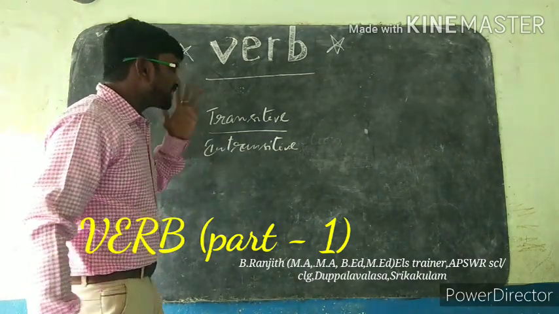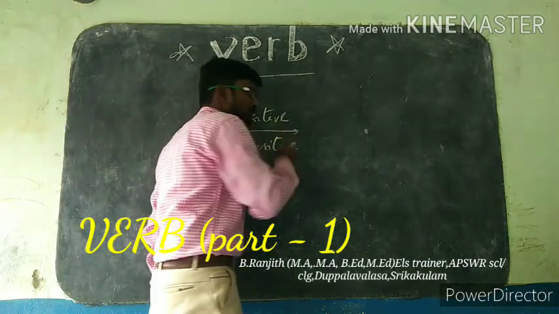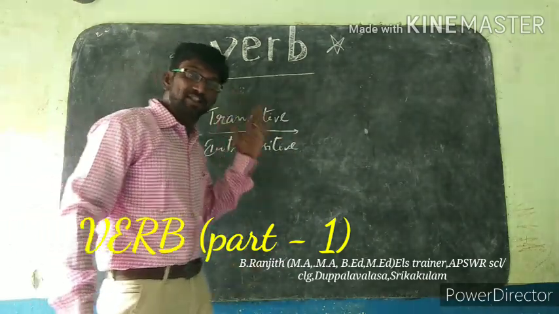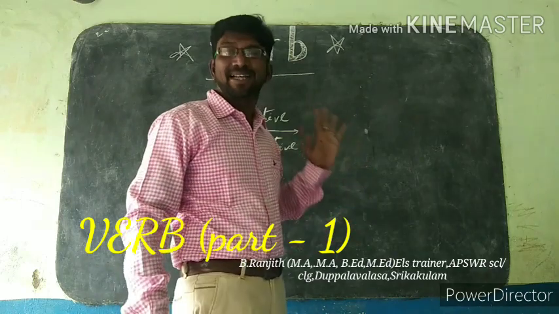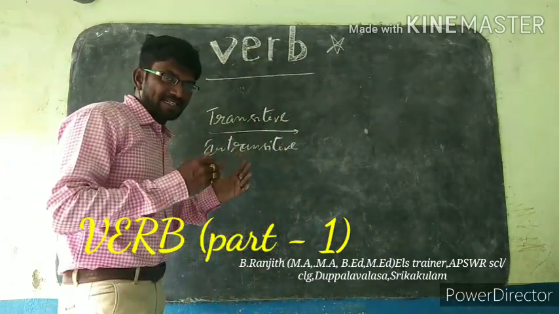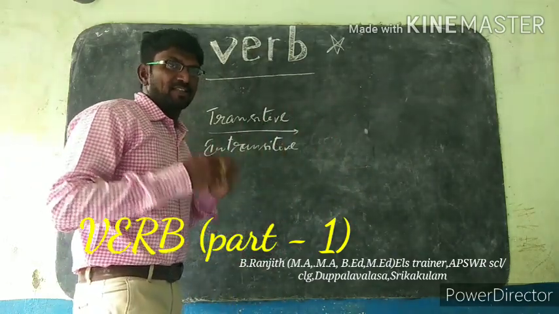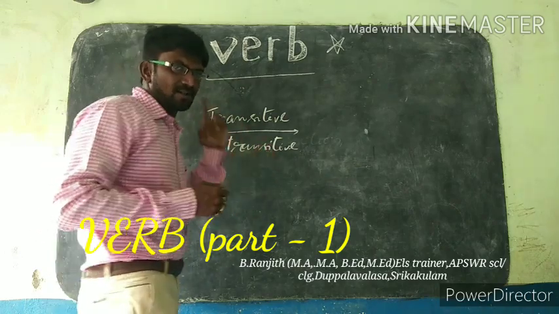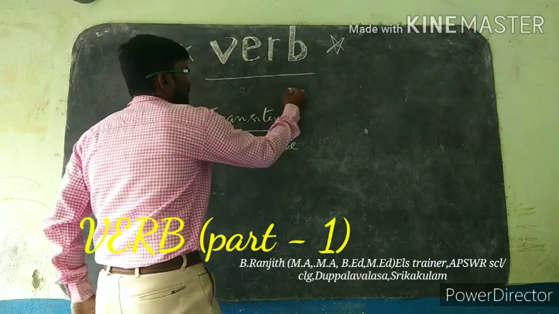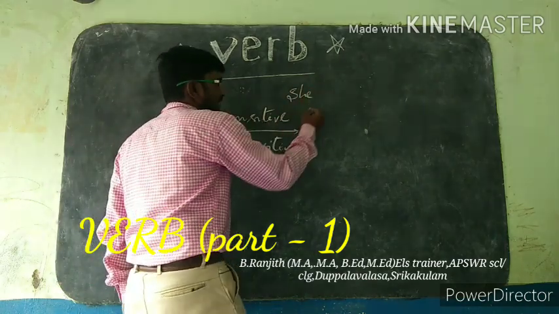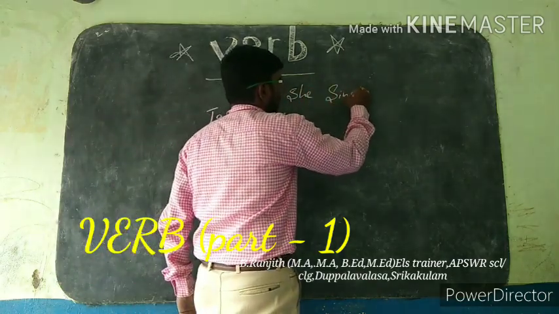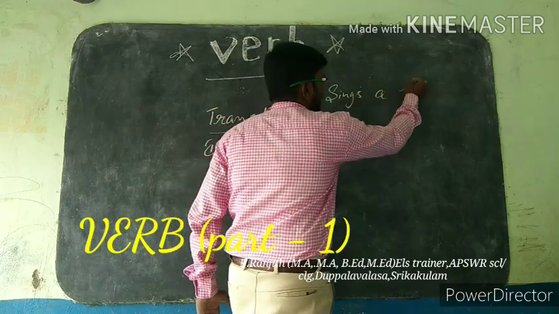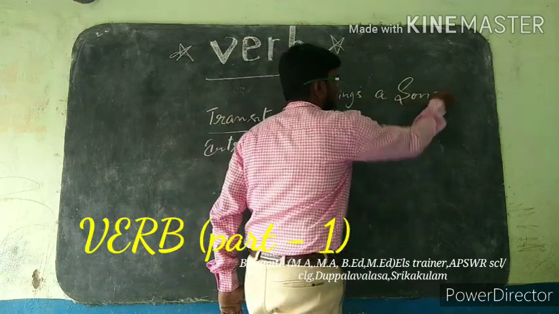If a sentence contains an object, the verb in that particular sentence is called a transitive verb. For example: She sings a song.